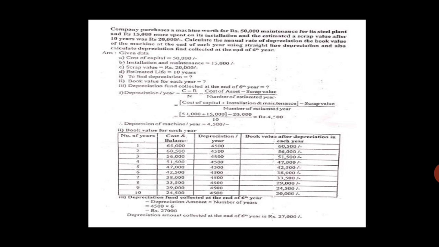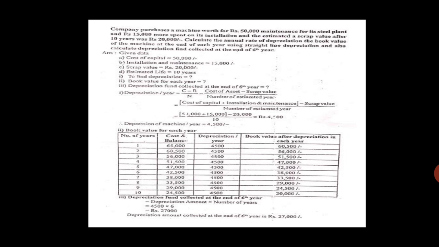A company purchases a machine worth of rupees 50,000 for maintenance of its steel plant, and rupees 15,000 more spent on its installation, and the estimated scrap value after 10 years was rupees 20,000.